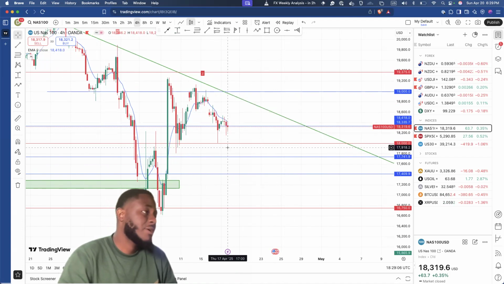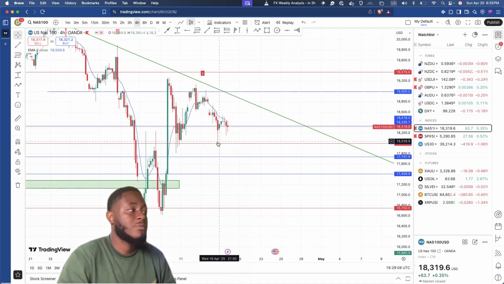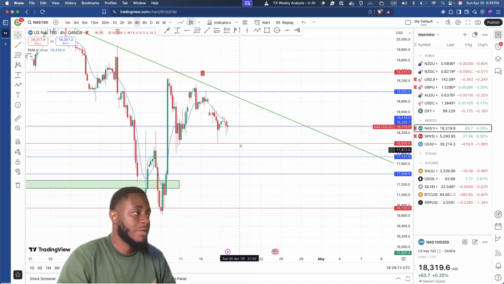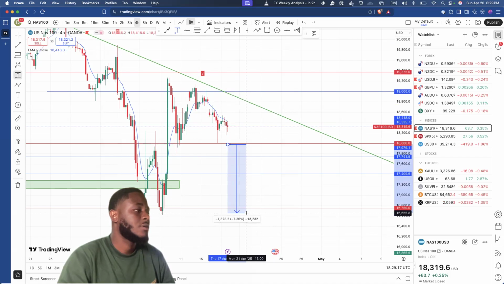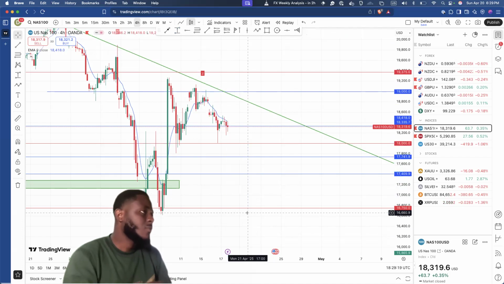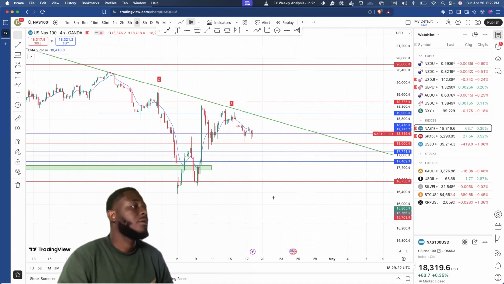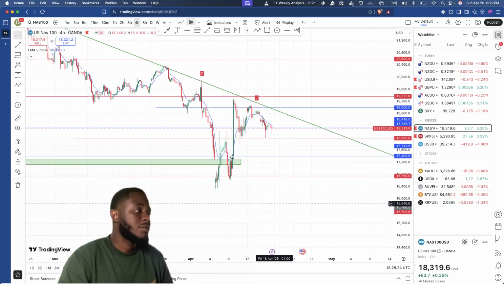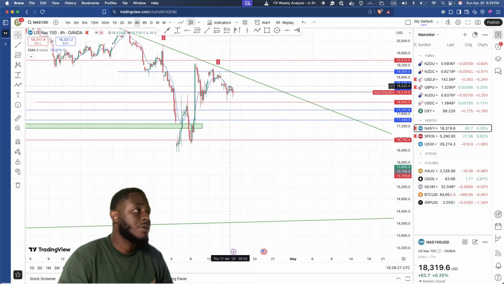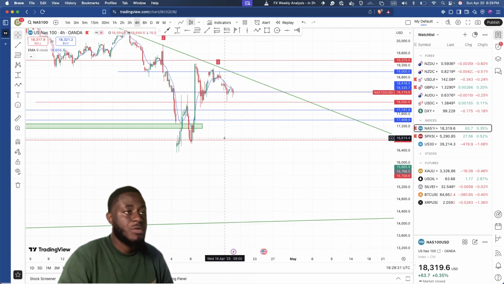But I have a hunch that we are going to break below this level, and once we break below this level, then I'll go in for a sell and ride it all the way down from here to here. Okay, so that's my analysis on NASDAQ for the week. And just to give you a heads up, once the market breaks below this level, then we sell, we get to this point, right?